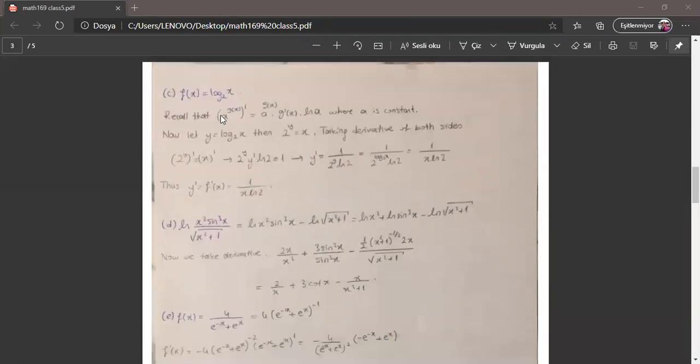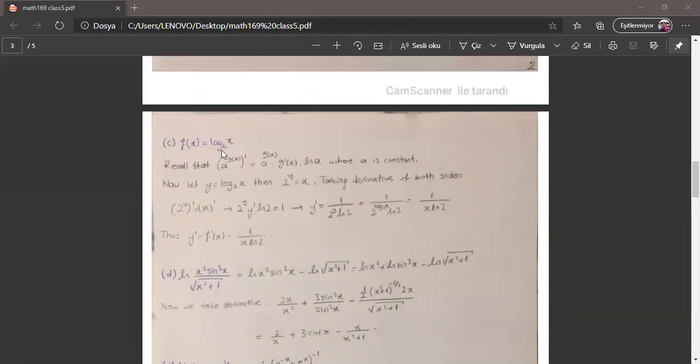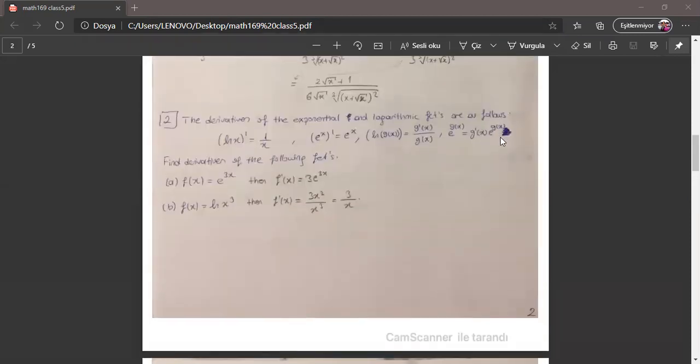What about this? Remember this equality again. If you have some constant a to the g of x, a function in terms of x, this is exactly the same as e to the g of x, but you write ln of a, because ln of e is equal to 1, that's why we don't write it here.